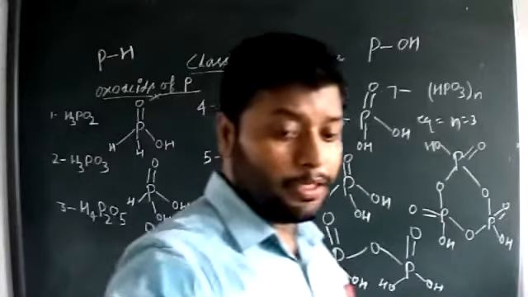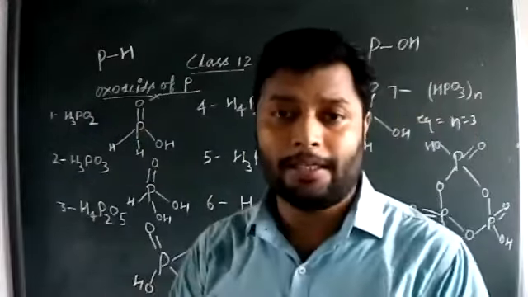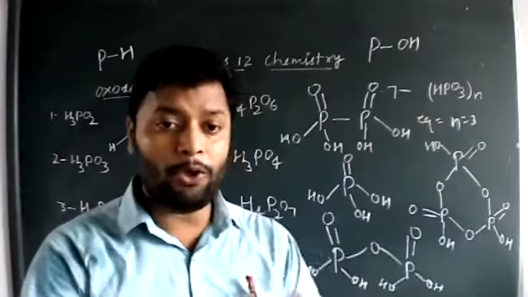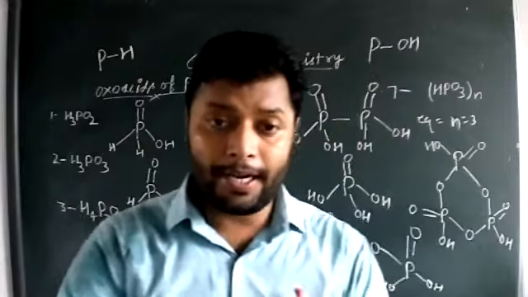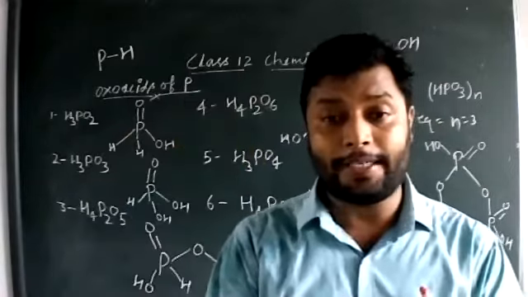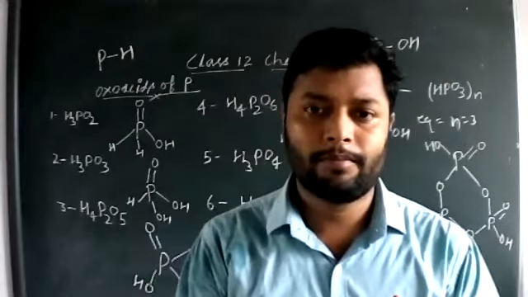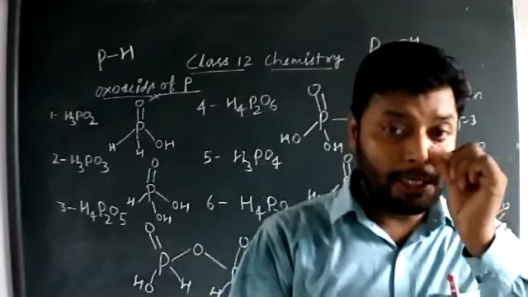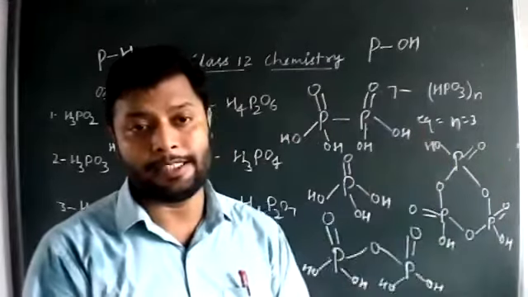One more thing, all these molecules are non-volatile, having a low tendency of escaping, so they are called non-volatile acids. The acidic strength increases as the P-OH bond count increases.